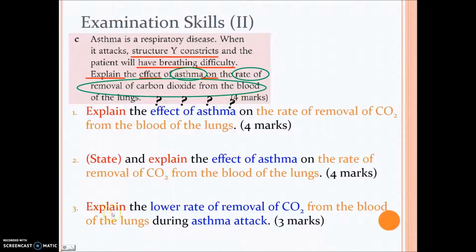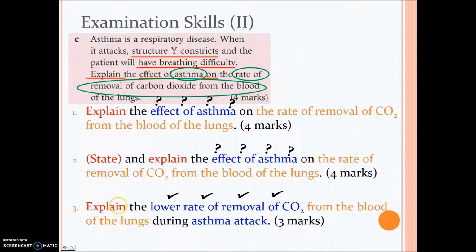For question 3, explain the lower rate of removal of carbon dioxide from the blood of the lungs during an asthma attack. In this question, it is not like question 1 and question 2, where the effect is unknown because the question did not tell you. For question 3, it tells you the effect: a lower rate of removal of carbon dioxide from the blood of the lungs during an asthma attack.